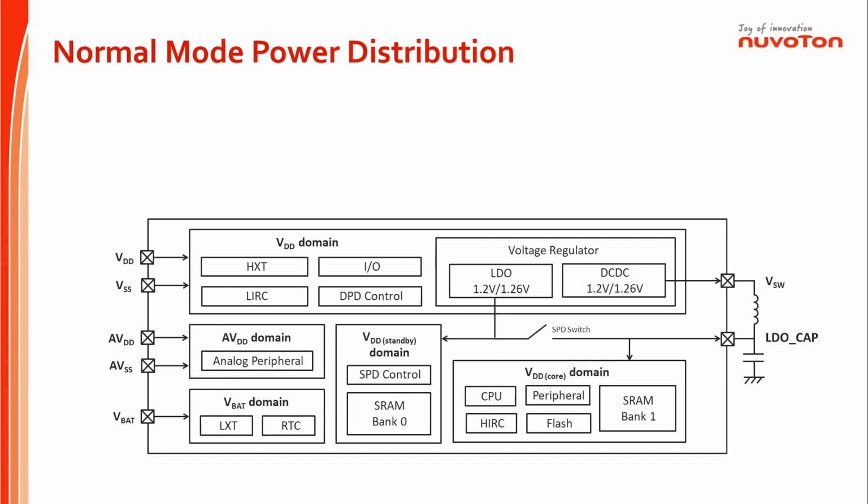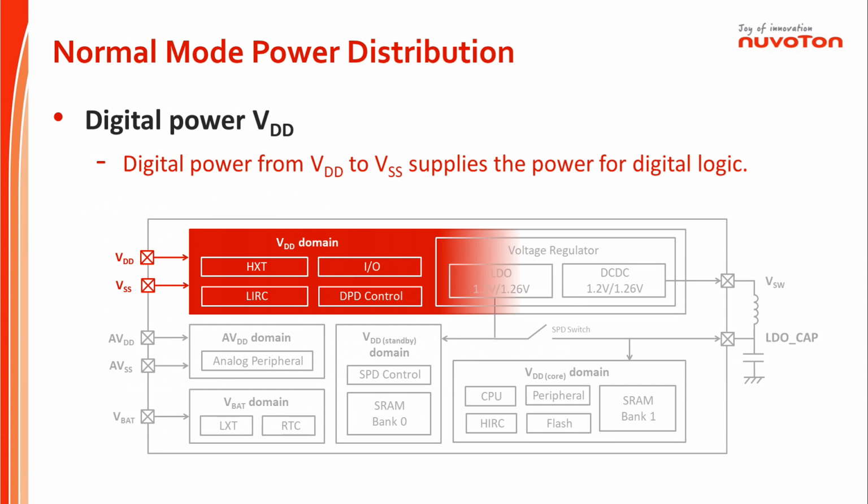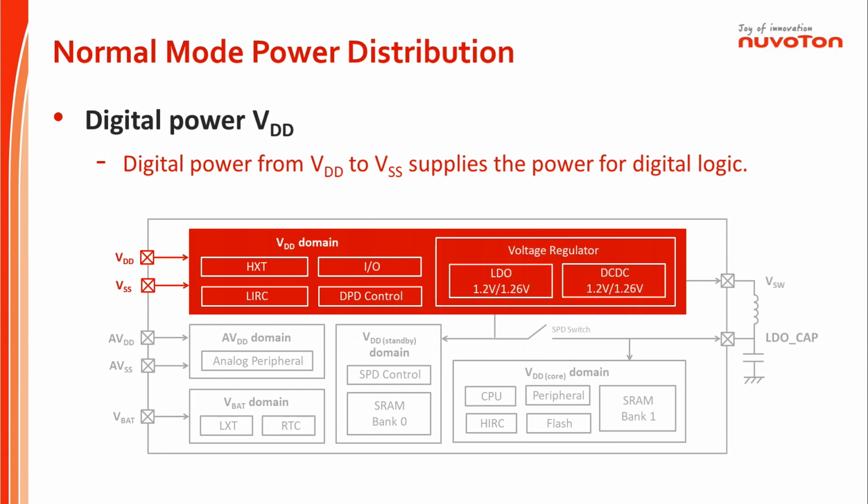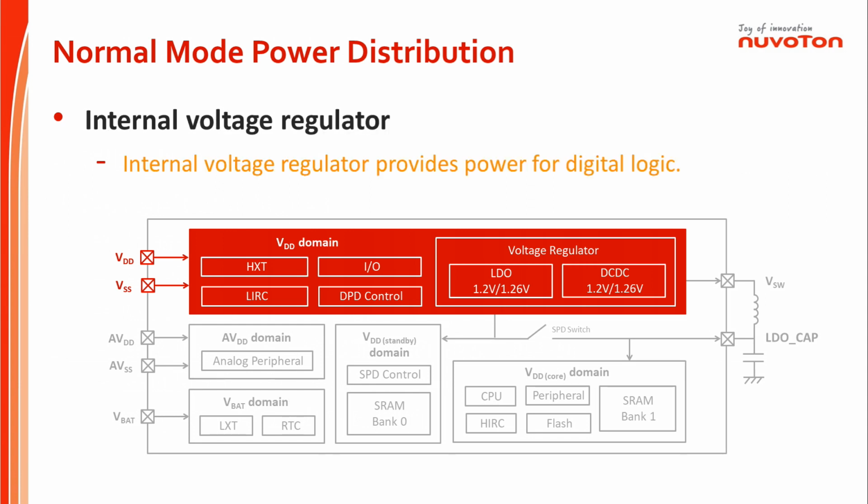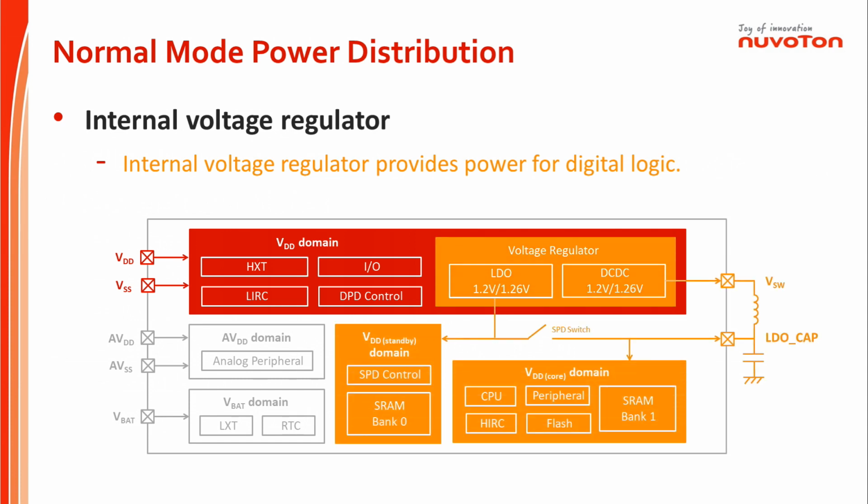Different power modes power distribution. System starts up in normal mode. VDD supplies power to digital logic, including HXT, LIRC, I/O, DPD control and the internal voltage regulator. The internal voltage regulator type can be selected as LDO or DC-DC mode.